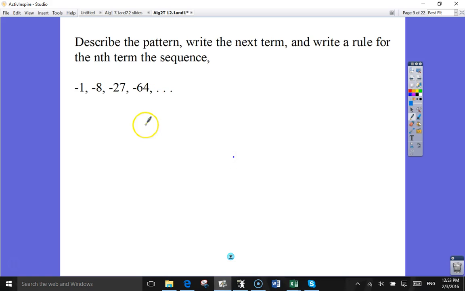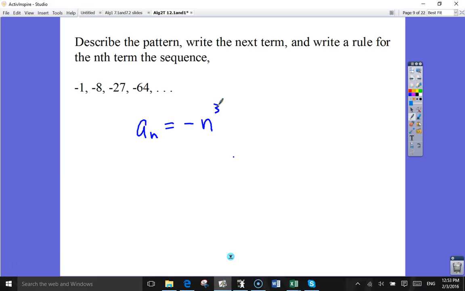A sub n equals negative n cubed, right? Does it matter whether I put that negative inside parentheses before I cube it? In the end, it doesn't matter because a cube of a negative is a negative and a cube of a positive is a positive. So it wouldn't make any difference.